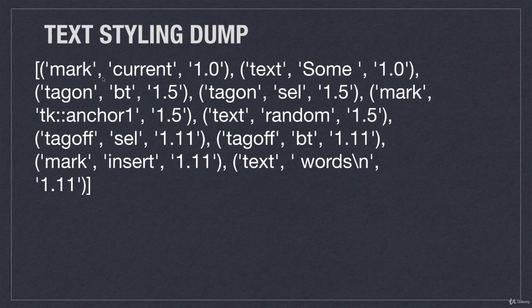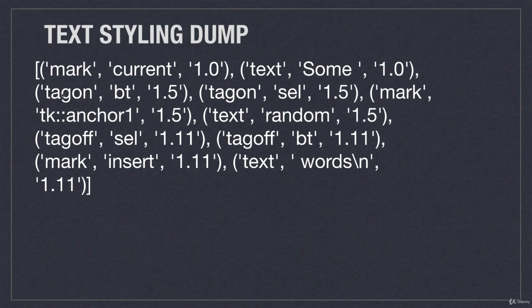So what we're going to need to do is this is a list. You can see that with our square opening and closing brackets that contains multiple tuples that define all of the styling for our document. So what we're going to have to do is take this list and then find the pieces of information that are important for us to be able to go in and grab information. So what I want to do is go and find all the tuples that contain the word text, and place all of the words inside of the document.